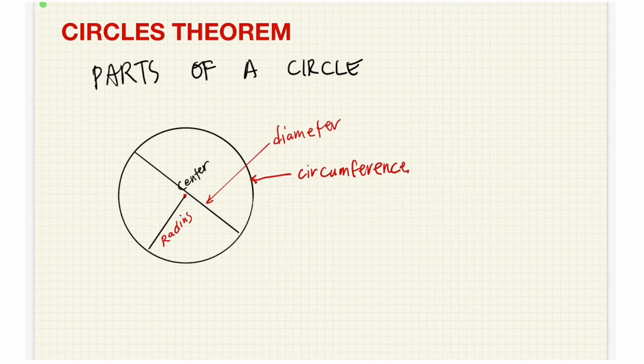Now there's a certain line that connects just from edge to edge of the circle, but does not touch the center of the circle. This is what we call a chord.